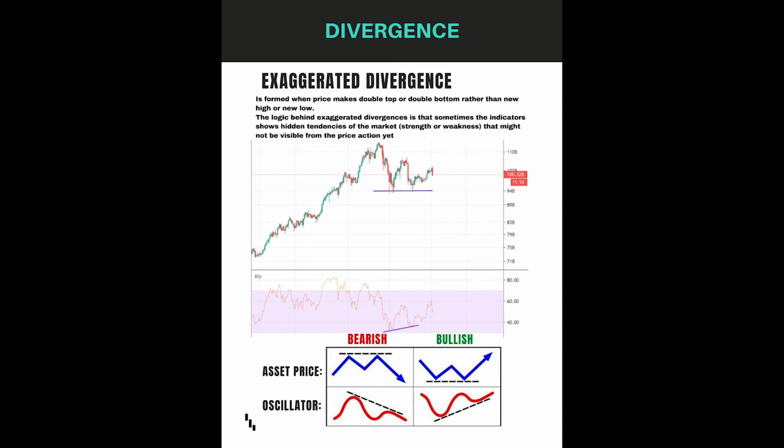So we'll see a double top, and if it's bearish divergence, we'll see a high and a lower high in the oscillator. If it's exaggerated bullish divergence, we will see a double bottom in price with a low in the oscillator and a higher low in the bullish exaggerated divergence.